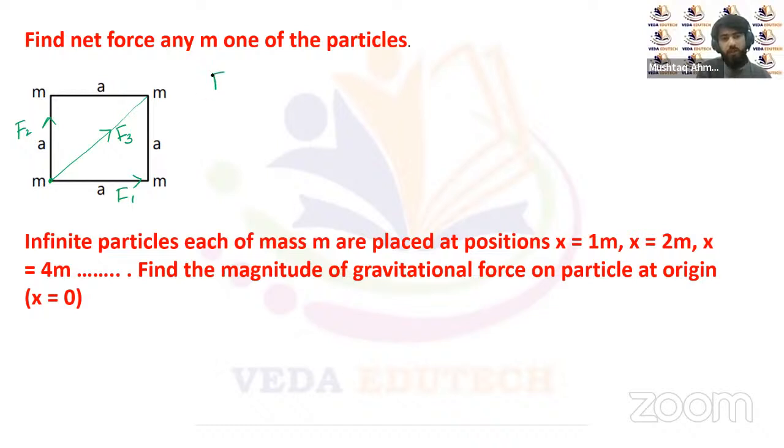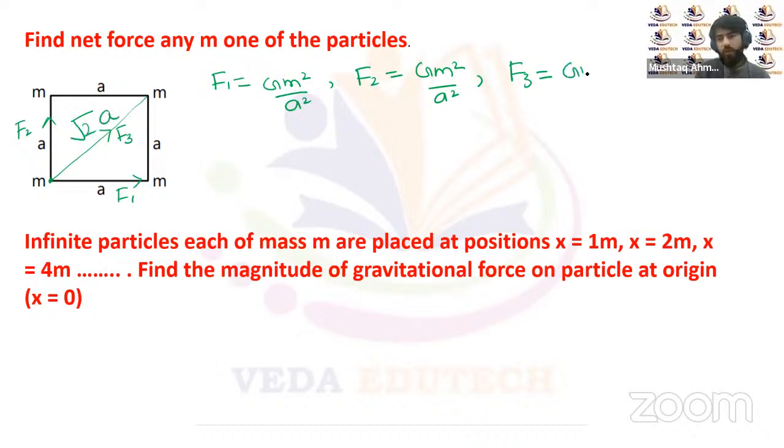The value of F1 is equal to Gm square upon A square. F2 will be equal to Gm square upon A square once again. And the value of F3 here will be equal to, we know the distance, if this is A, then this distance will be root 2A, so F3 will be equal to Gm square upon 2A square.